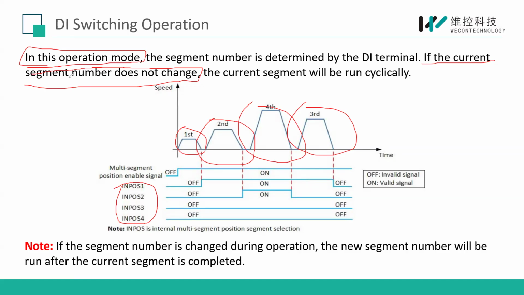So sorry, for column segments, if we didn't change the DI status, the servo will run column segment cycling, not stop cycling. So it means if our DI status is 0, 0, 0, 0, the servo will run segment 1, and after the waiting time, the servo will run segment 1 again, and after the waiting time, the motor will run segment 1 again, like this.